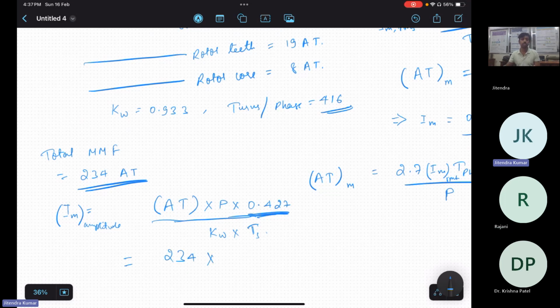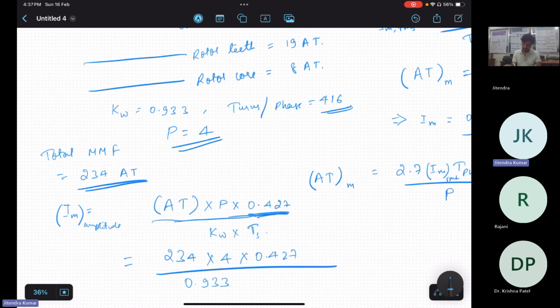Number of poles I didn't mention, so P you can take as 4, into 0.427, divided by winding factor 0.933 into turns per phase, which is mentioned as 416.